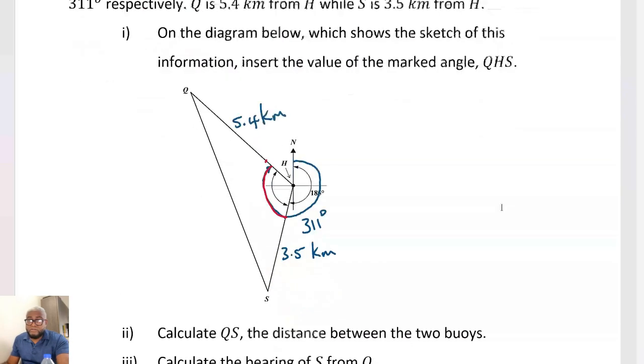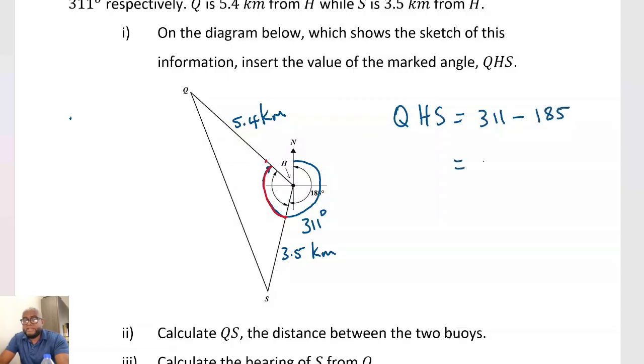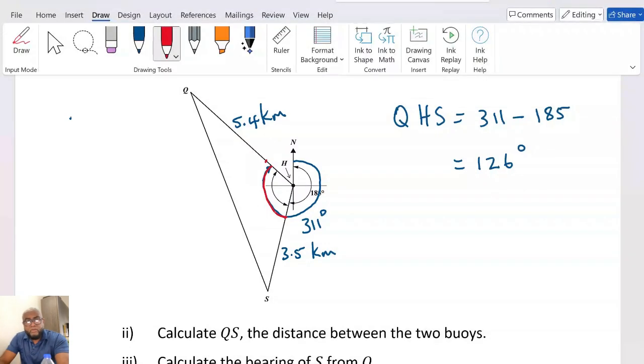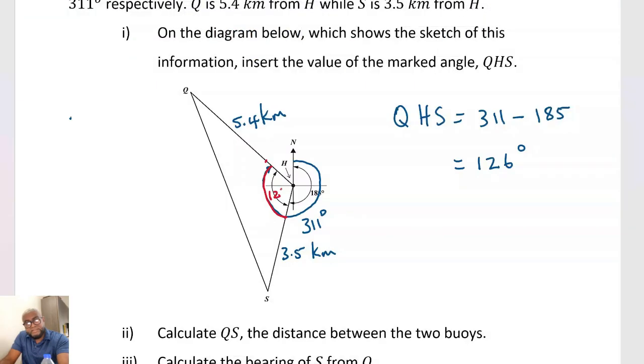So QHS is equal to 311 minus 185, which is 126 degrees. Everybody good there?